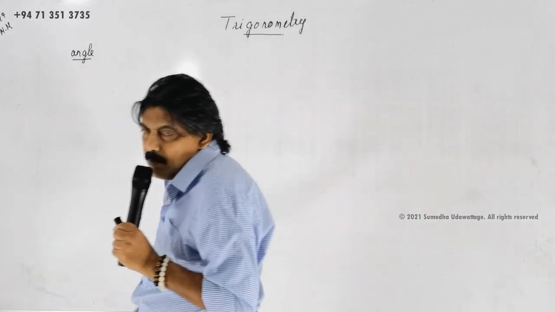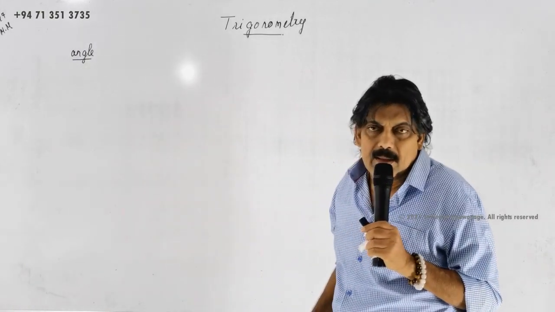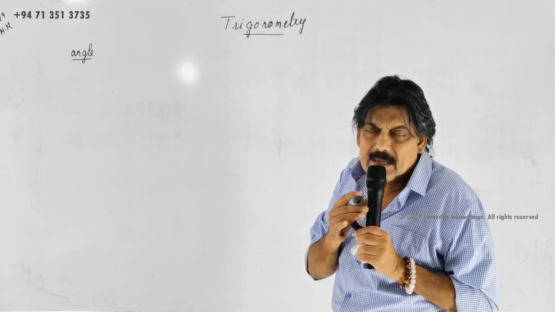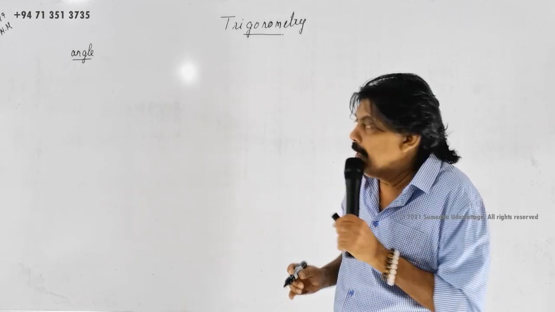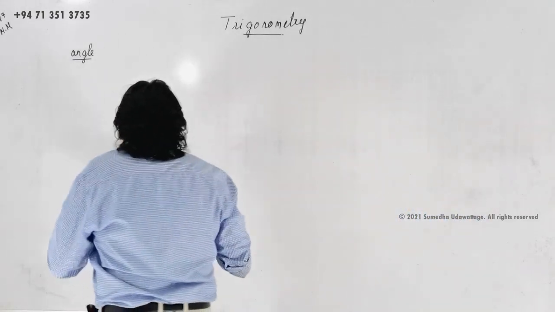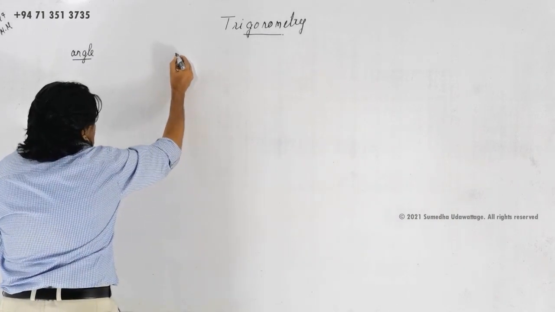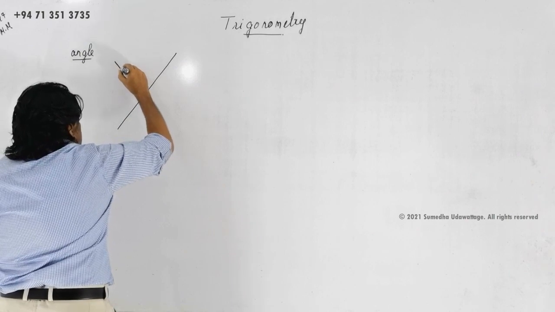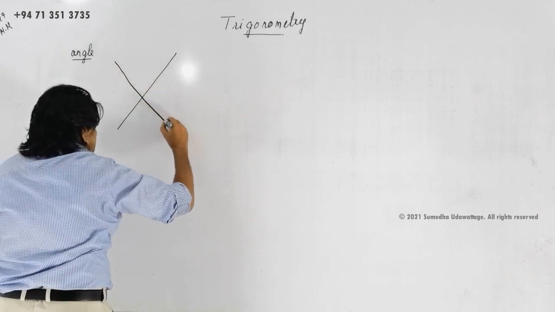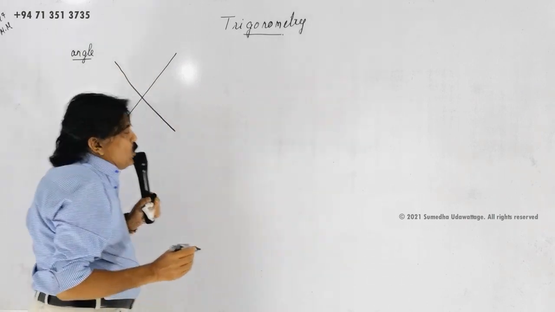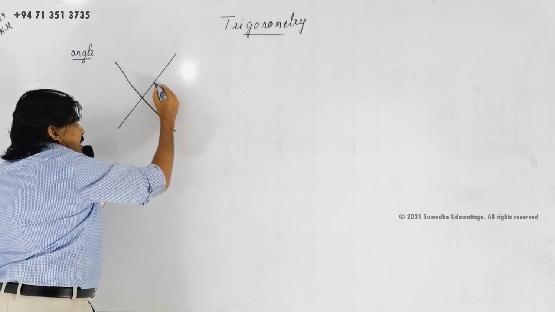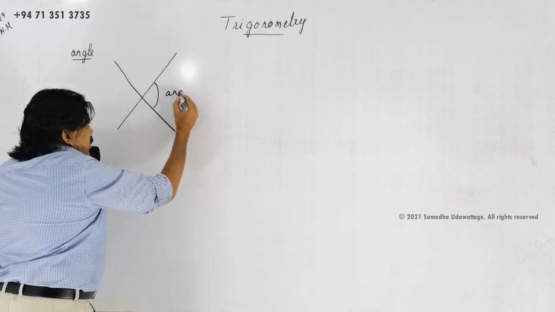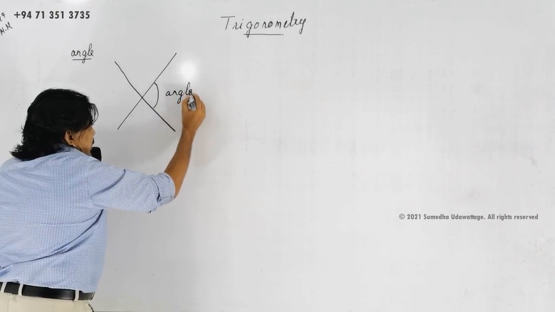You might have heard of this from O-level mathematics, but still, we have to talk in detail. Look here. Consider a situation where two lines intersect. When two lines intersect, the space in between is called an angle.